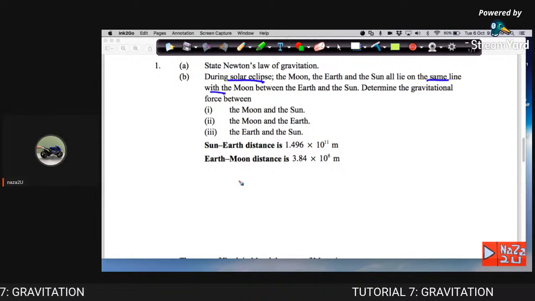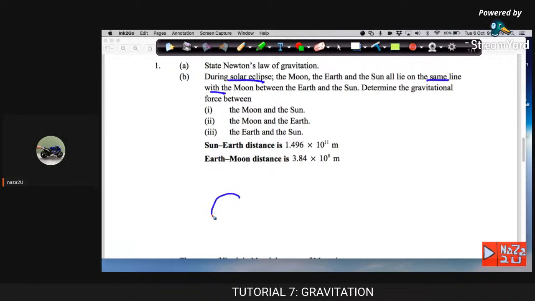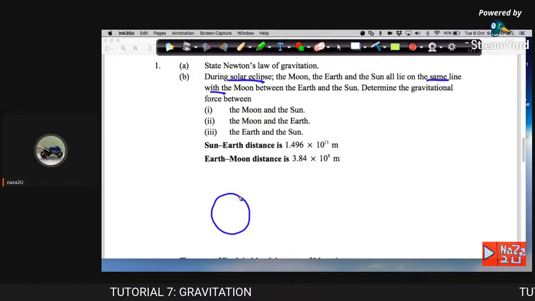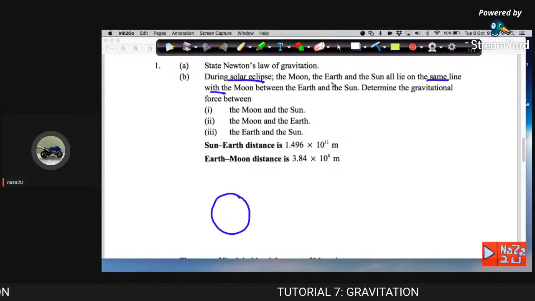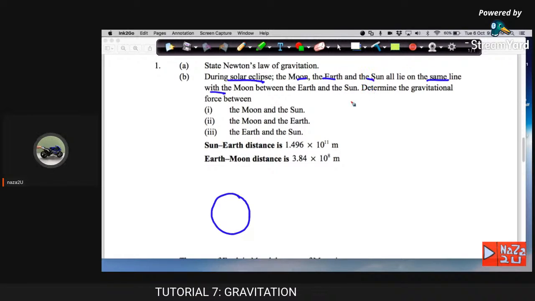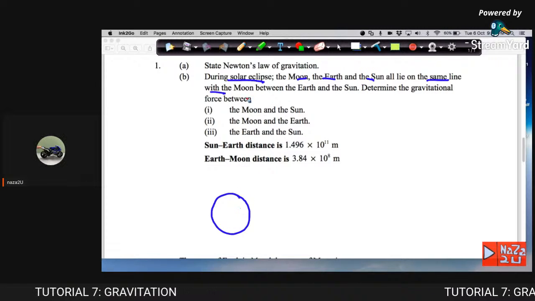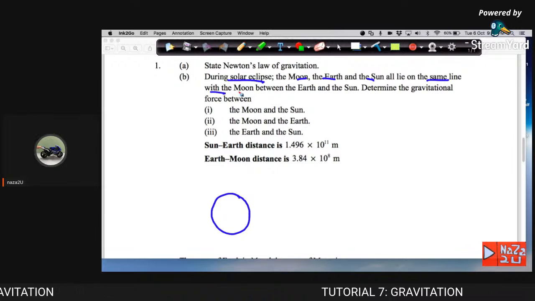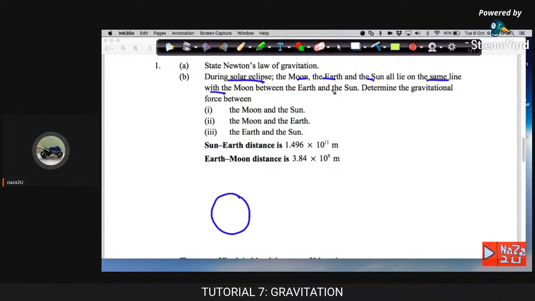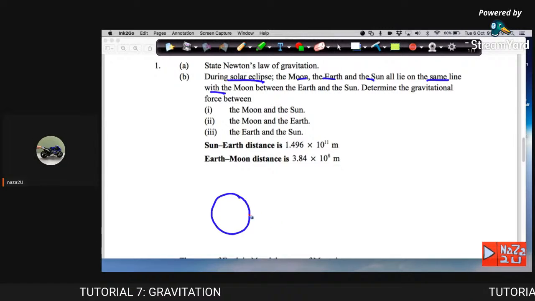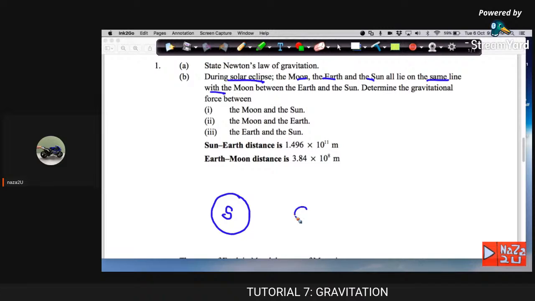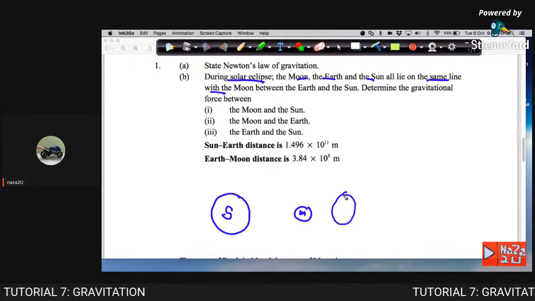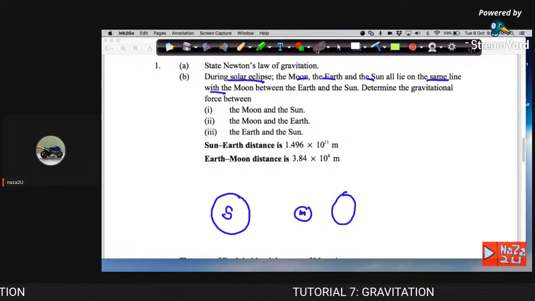Maksudnya kat sini untuk berlaku gerhana, okay, bulan ke matahari, dalam kes ini dia kata tiga-tiga moon, earth, sun ni berada dalam satu garis, segaris ya. Where is moon? In between earth and sun. Okay, let's say this is a sun, S, sun ya, tulis sini, and this is moon, so that's why moon tu kecil sedikit, and bumi tu dia besar sedikit.